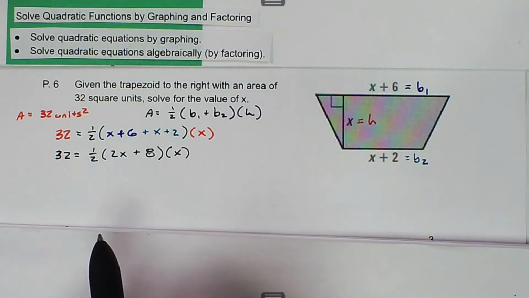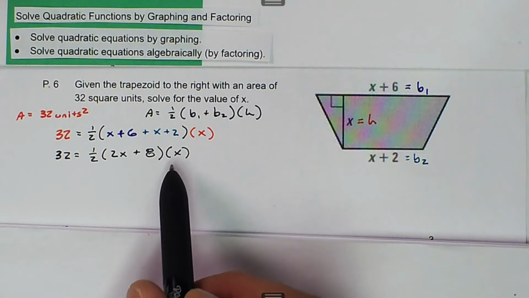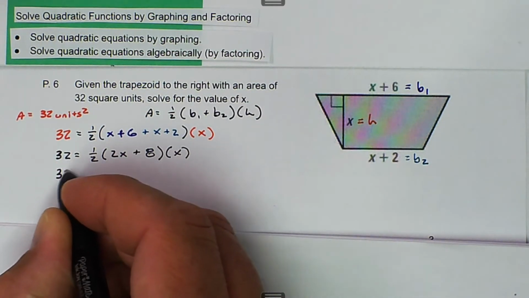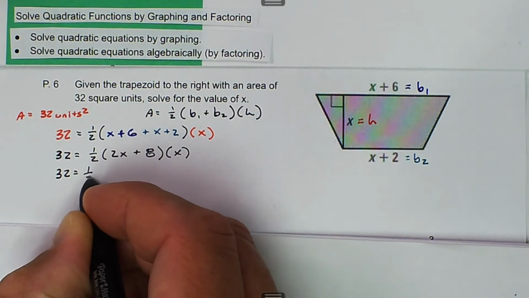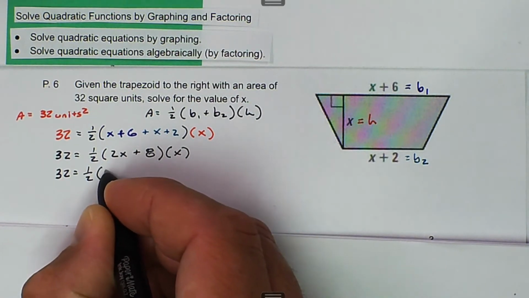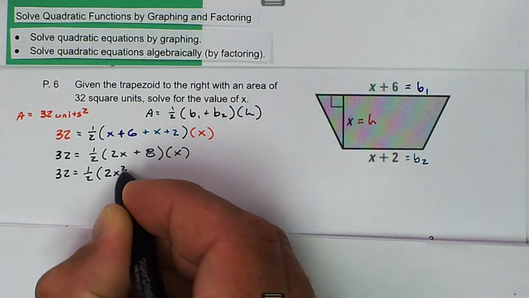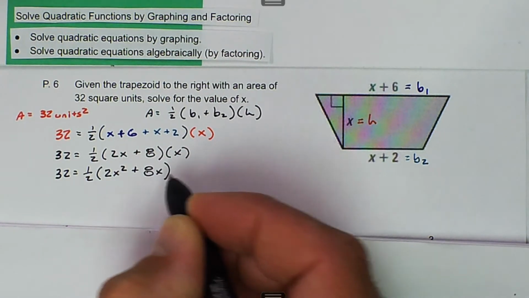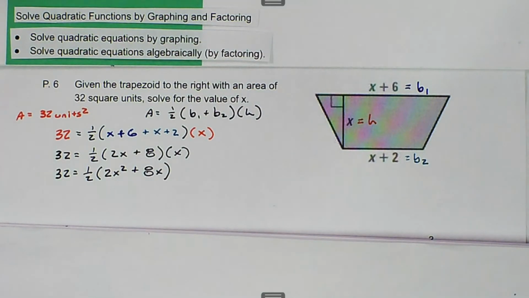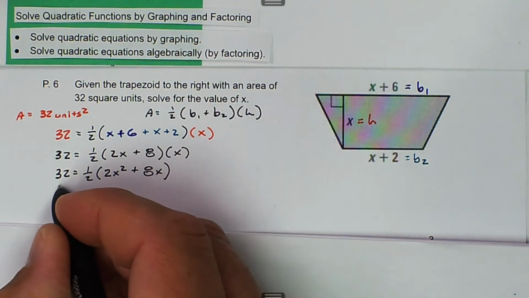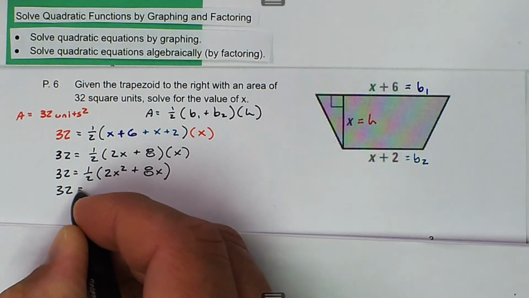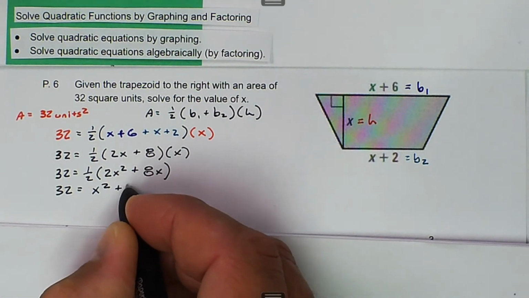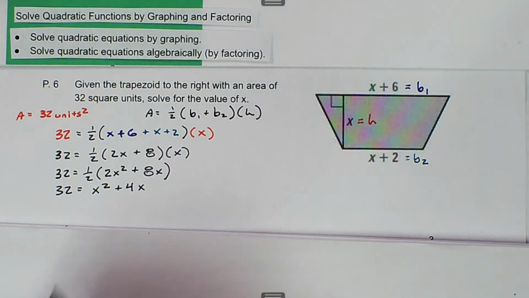Then we can distribute the x into the parentheses, and we get 32 is equal to 1/2 (2x squared plus 8x). Then we can distribute the 1/2, and we get 32 is equal to x squared plus 4x.